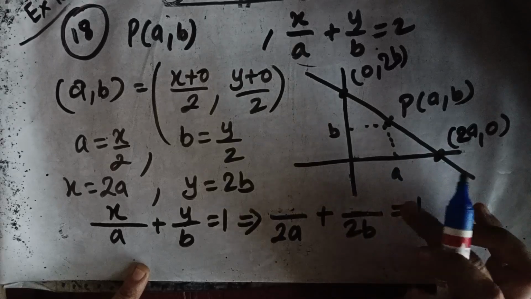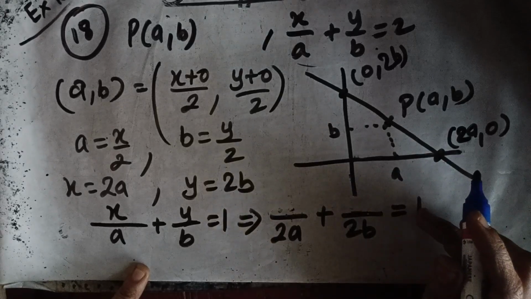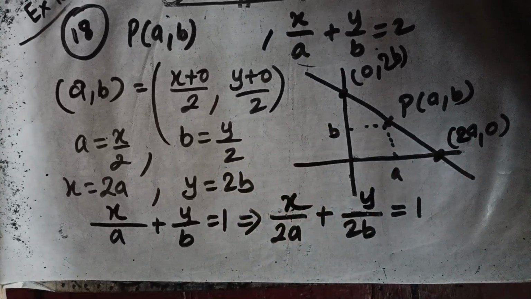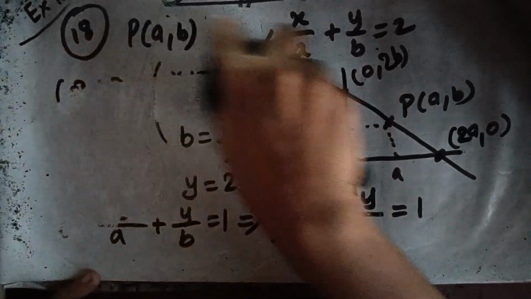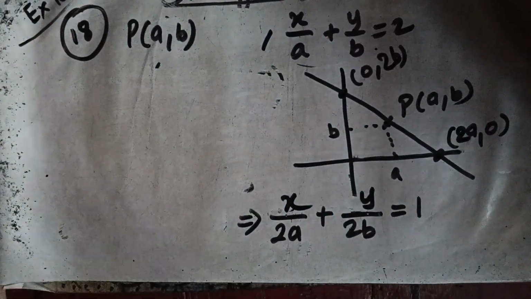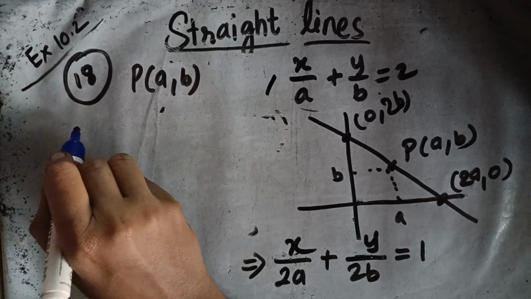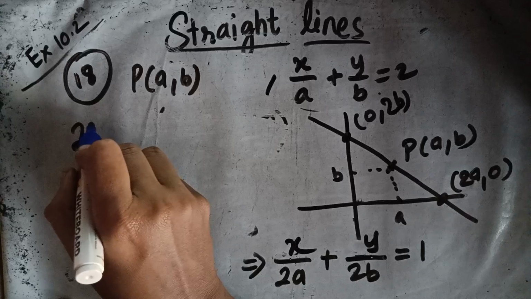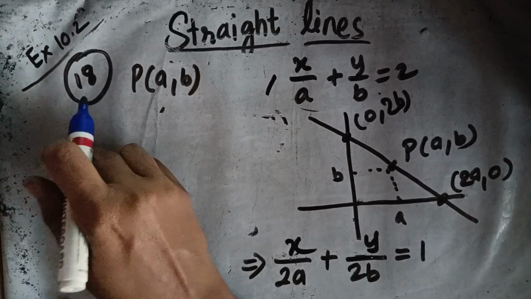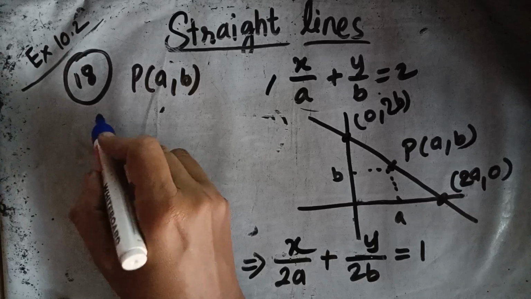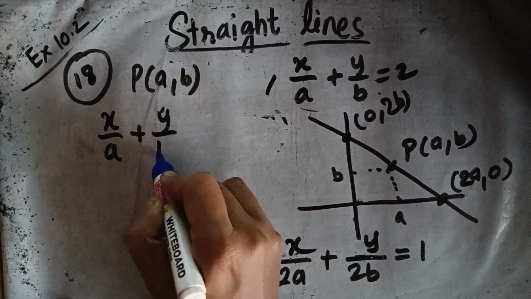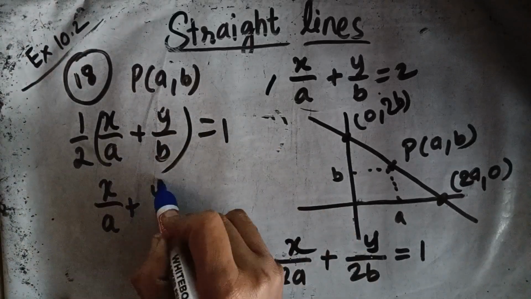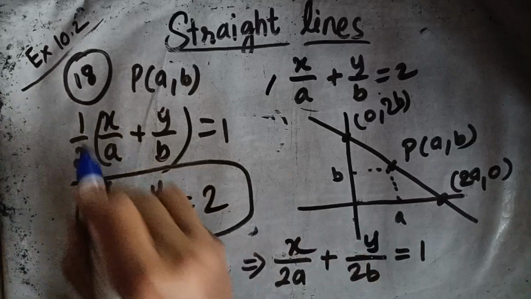So I'll take A and B. No, x and y we need because we want the equation, right? So keeping x and y as it is, can write this. So 2 you can take common, 1 by 2. So this is the equation. Okay.